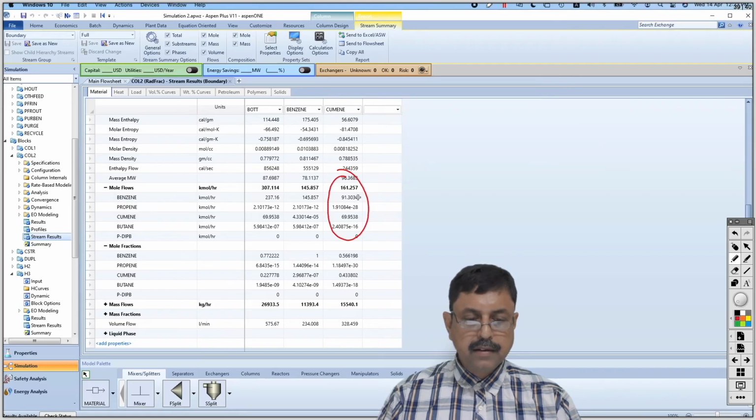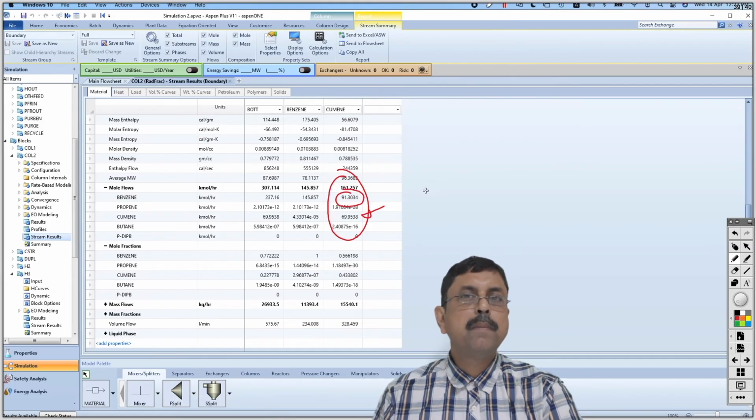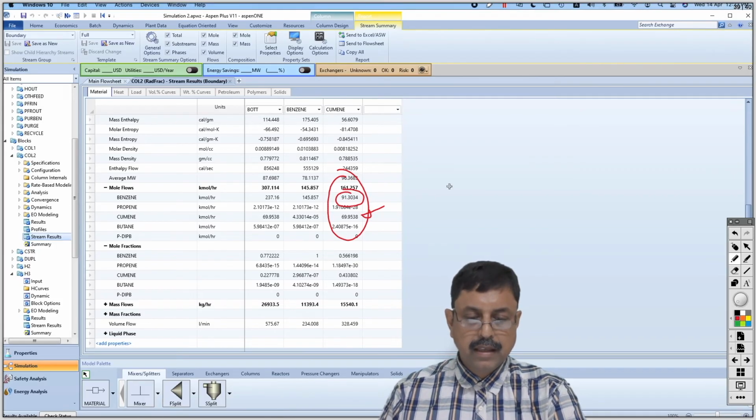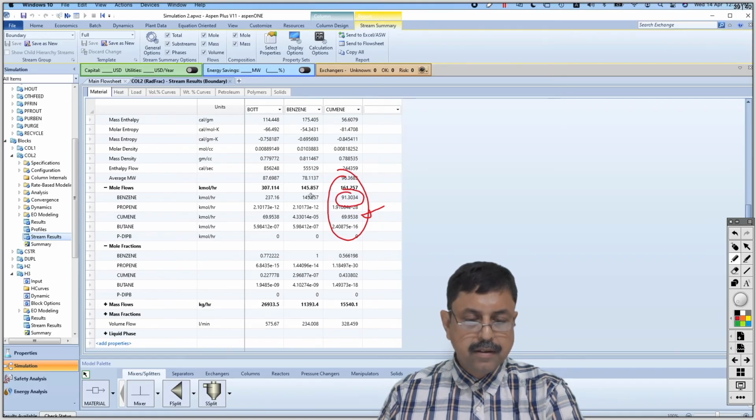But now you find that along with cumene, we have got extra 91.3034 kilomole per hour of benzene that is coming along with the cumene line. And benzene line relatively gets free. It is 145.857. Earlier, benzene line had benzene and some amount of cumene. Now, benzene line is free of cumene, free of propane, free of other things also.